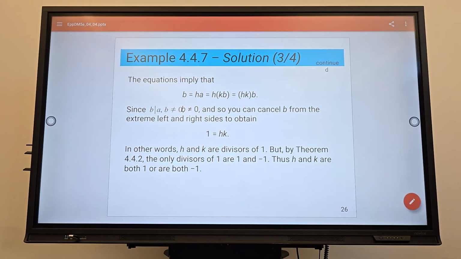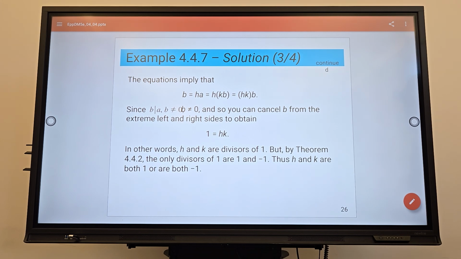The equations imply that B equals HA, A equals KB, so B equals HKB, and B does not equal 0, since B divides A. And so you can cancel B from the extreme left and right sides and obtain 1 equals HK.